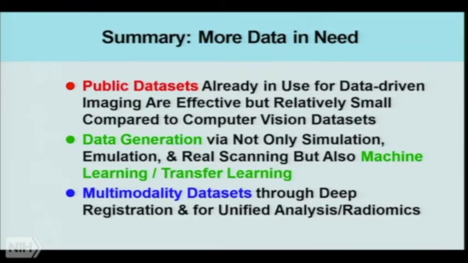And for data generation, I would like to underline that we can obtain big data not only through simulation, emulation, and real scans, but also machine learning, transfer learning, and adversarial learning will play a big role. And not only individual data sets but also multi-model data sets could be obtained on hybrid scanner and through deep registration for unified analysis and radiomics.